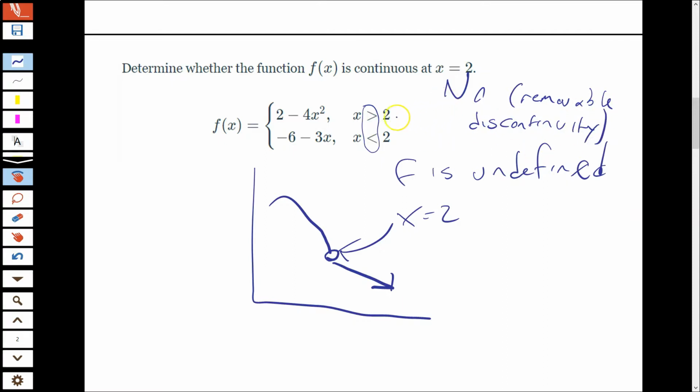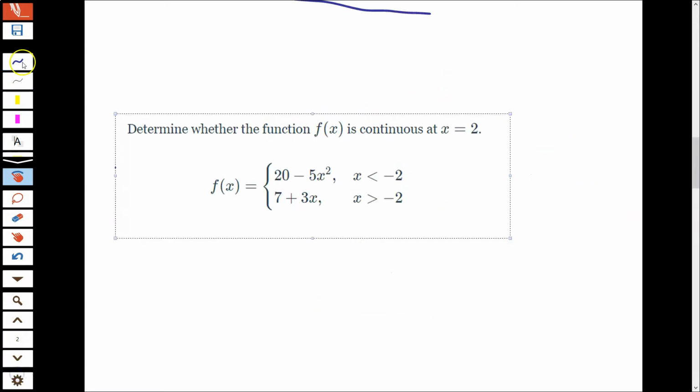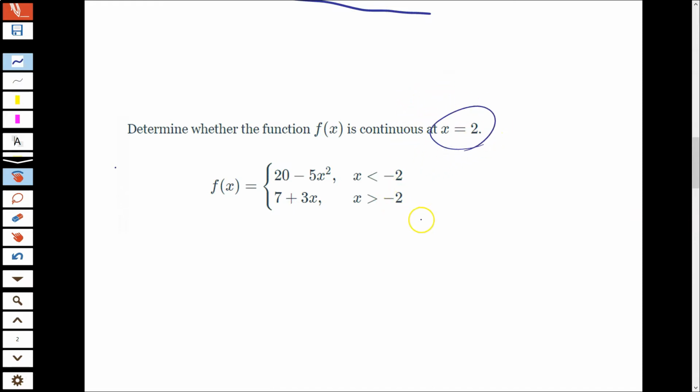So that's a special case you can run into where the function is not continuous if those bounds don't meet up at all. And then the last example, this again at first glance looks very similar, but this one's actually kind of silly. So we're looking at x equals 2 as our point, but these functions actually meet up at negative 2, right? So in other words, these are not the same.